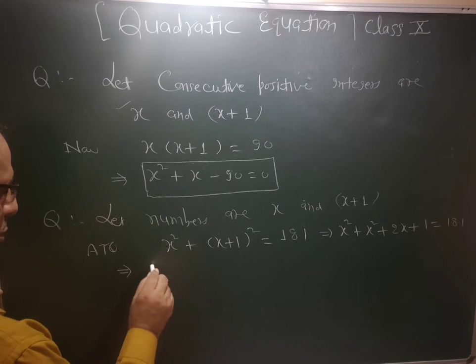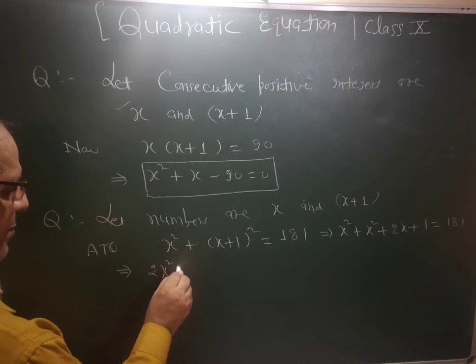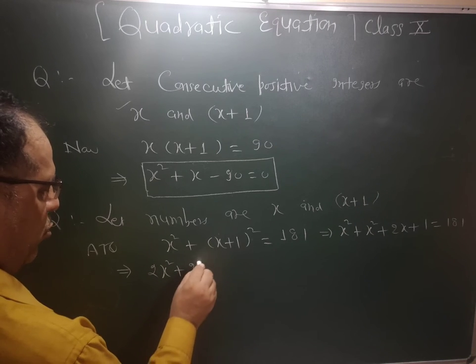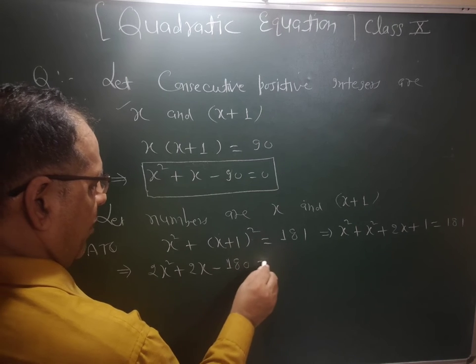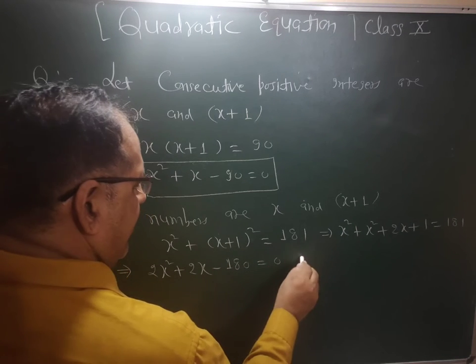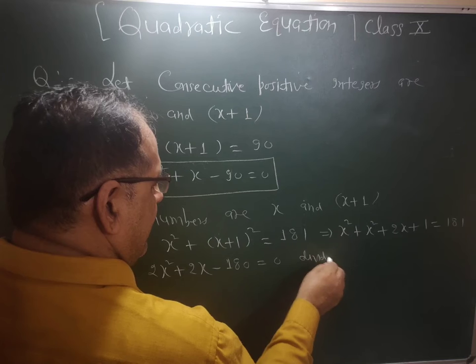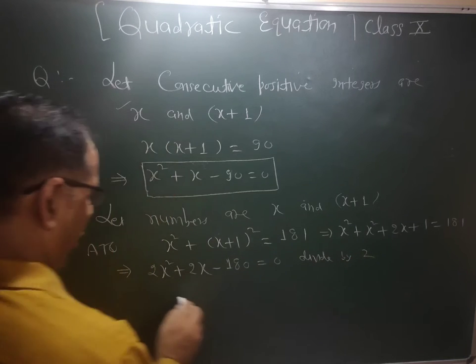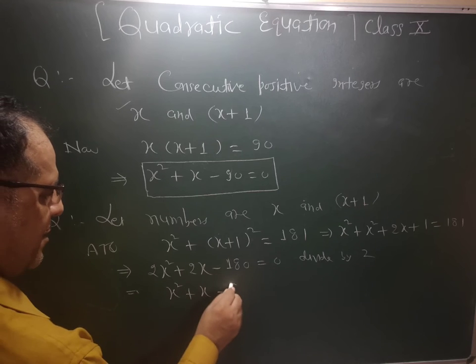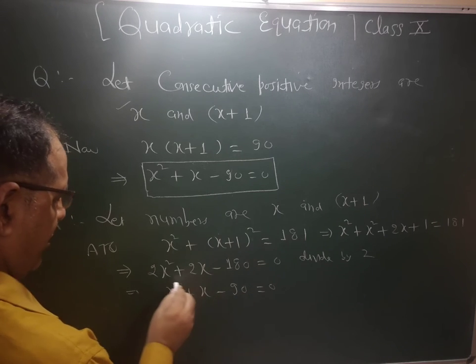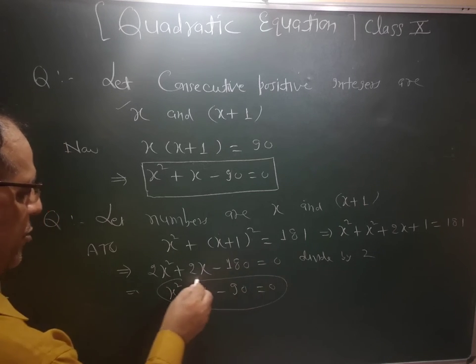After arranging, we have 2x square plus 2x minus 180 equal to 0. Divide by 2. So now we have x square plus x minus 90 equal to 0. This is the required quadratic equation.